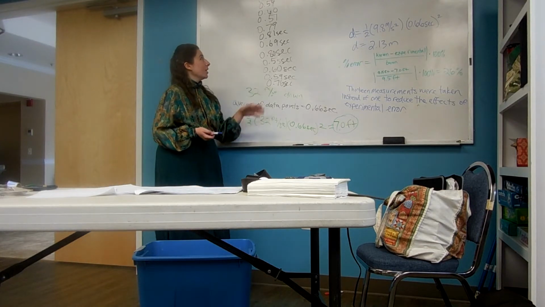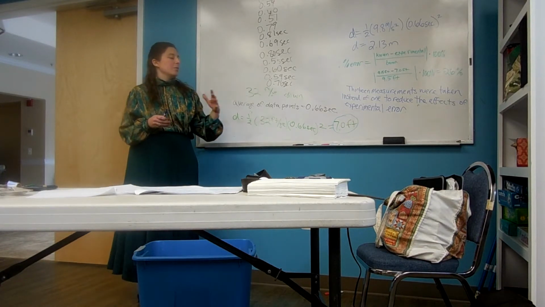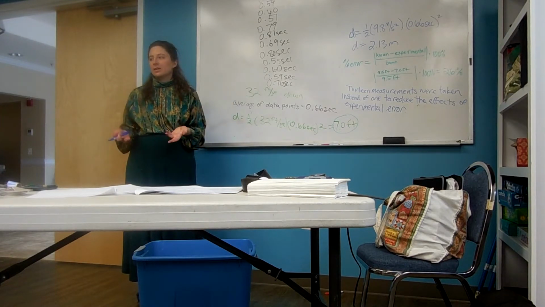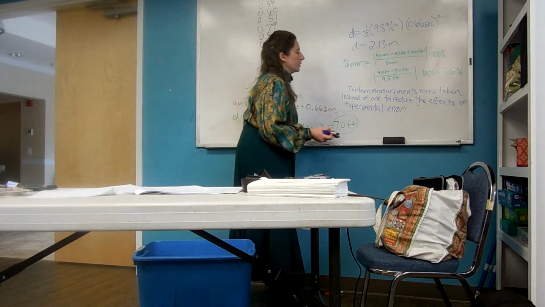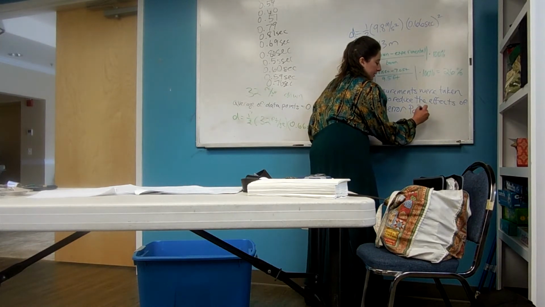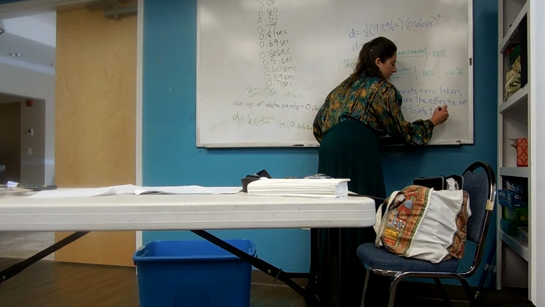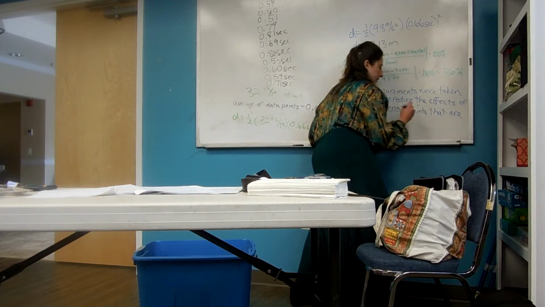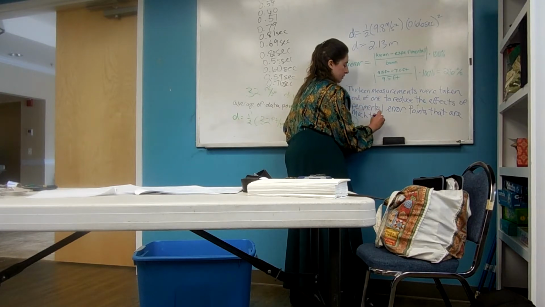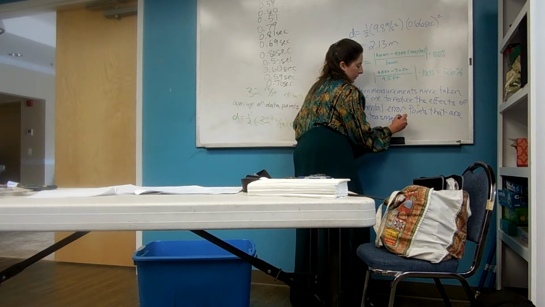So when we average lots of data points, hopefully the ones that are way too small or way too big cancel each other out. That's kind of the goal.